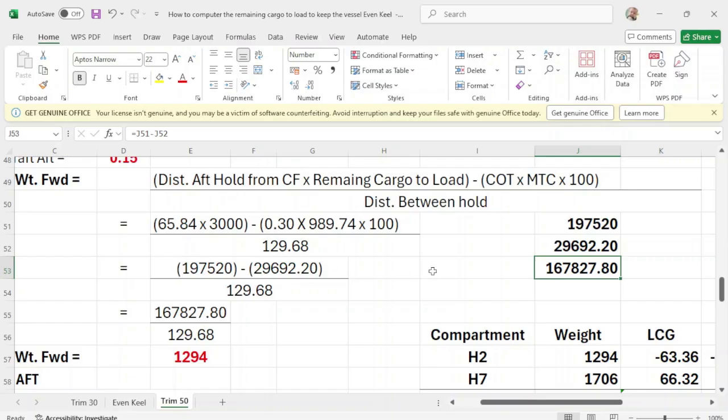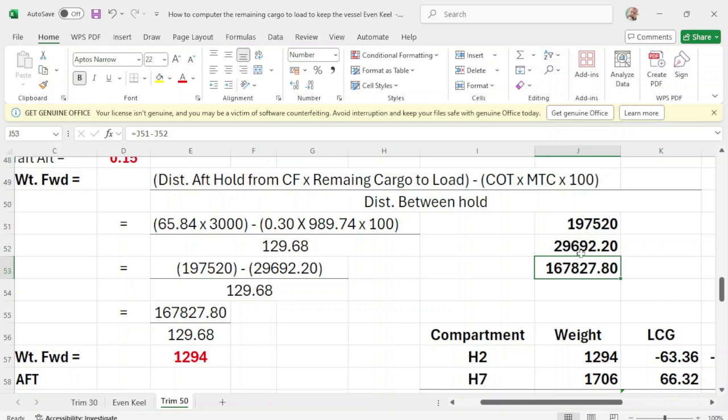And this one you put here, and this one you put here. Divide this all together. You deduct this one from this one, J51. So this one and this one.